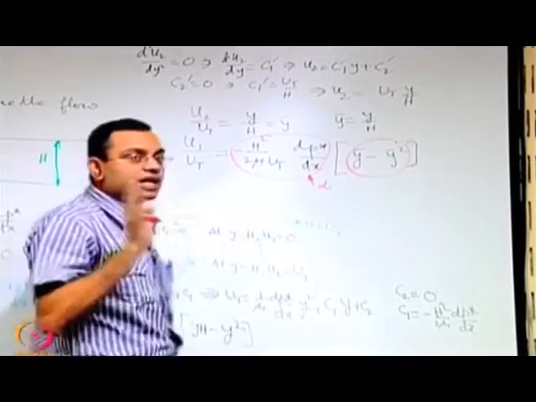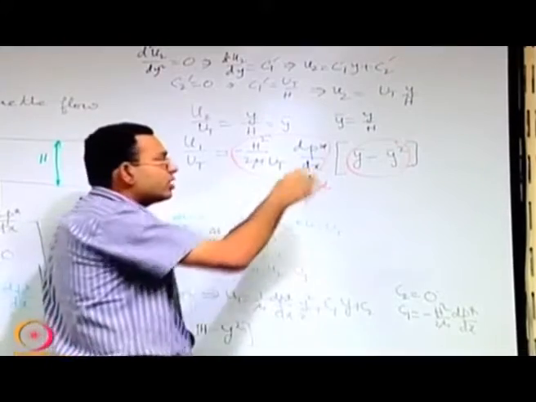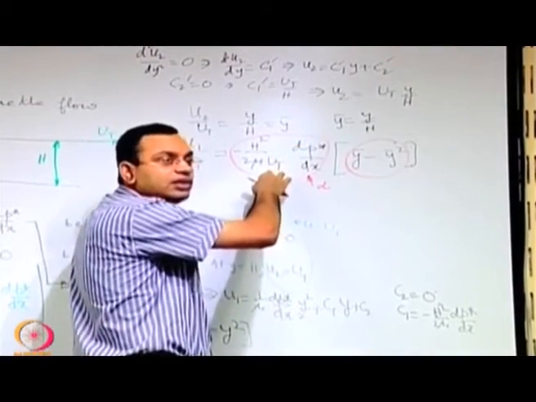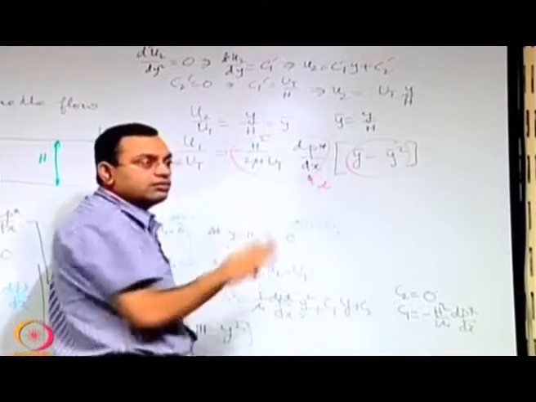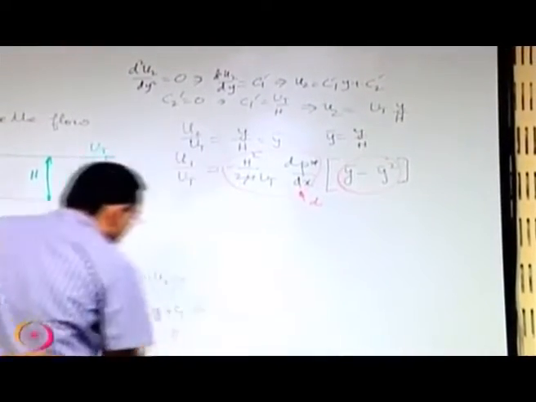Physically, alpha is a measure of the relative strength of the pressure gradient in driving the flow with respect to the plate velocity in driving the flow. Although it is mathematically a non-dimensional parameter, physically it represents the relative driving effects of the pressure gradient and the shear imposed. Now, with this understanding, let us write the resultant velocity, which is simply u1 plus u2.